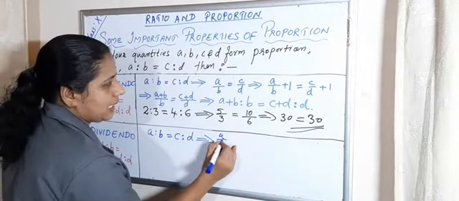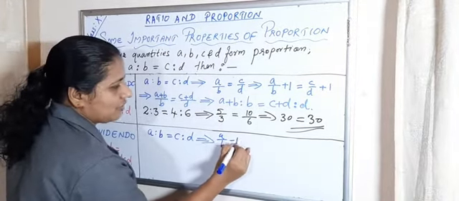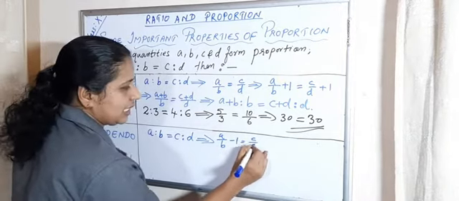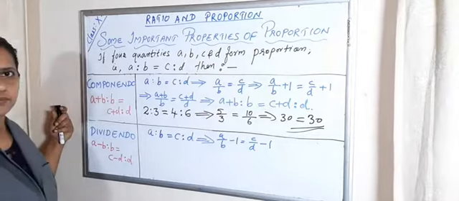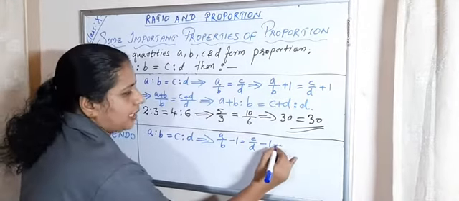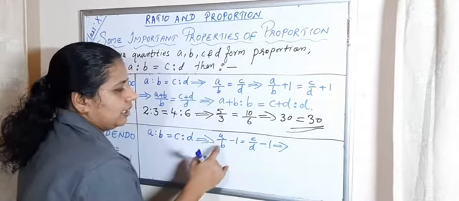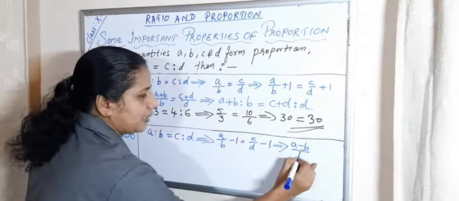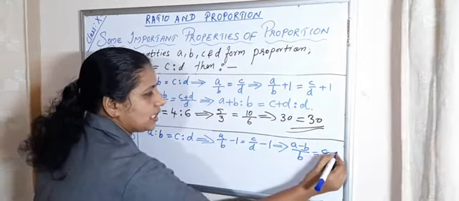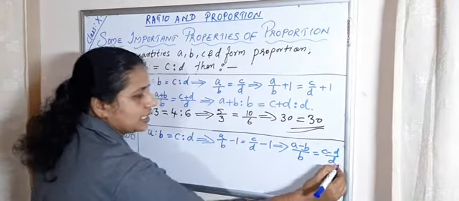That implies A by B minus 1 equal to C by D minus 1, subtracting 1 from each side. Implies A minus B by B equal to C minus D by D.